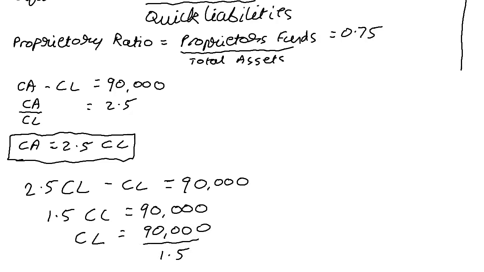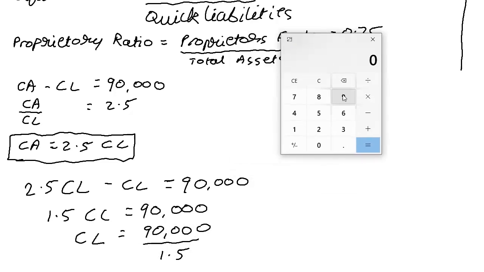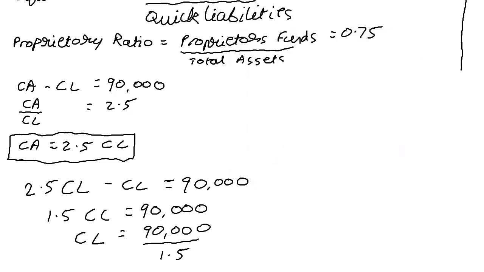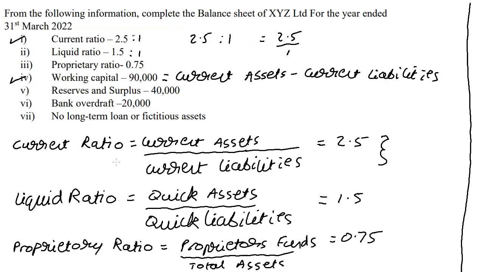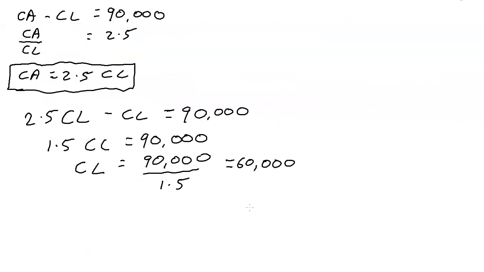Therefore CL, or current liabilities, is 90,000 upon 1.5, and let's use a calculator. 90,000 upon 1.5 gives me 60,000. So I now know that the current liabilities are equal to 60,000. There is simply no information for me to break it down further. But you need to keep in mind that the liquid ratio is quick assets upon quick liabilities, and quick liabilities is equal to current liabilities minus bank overdraft.